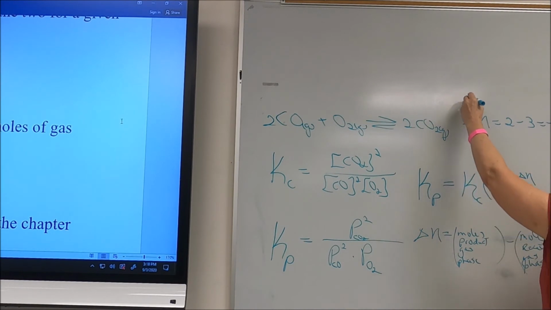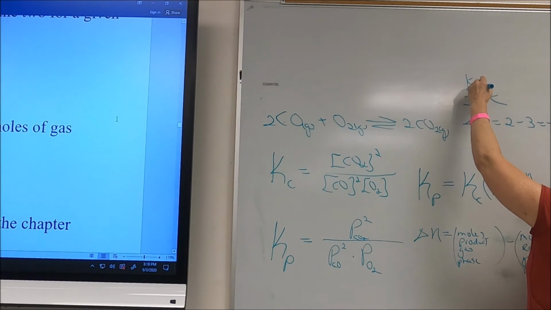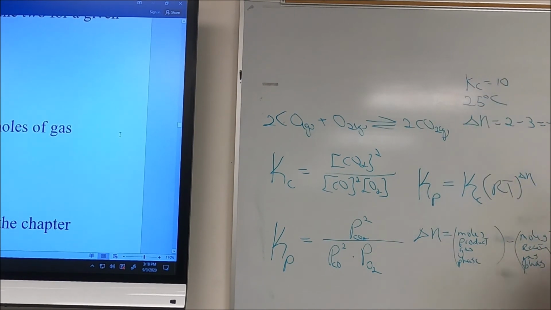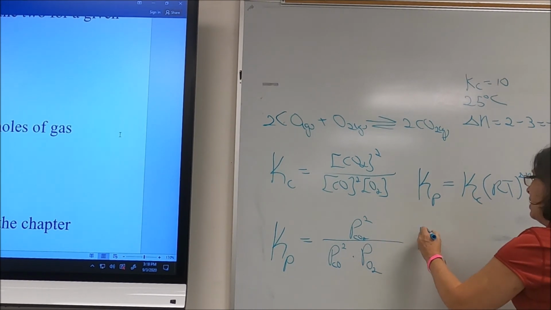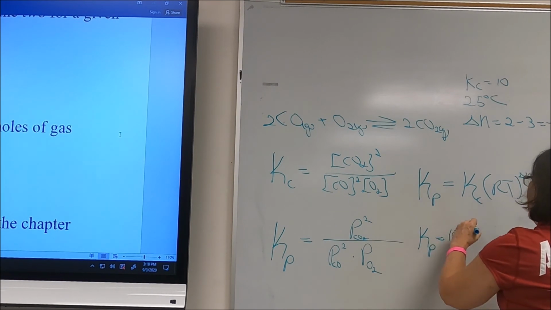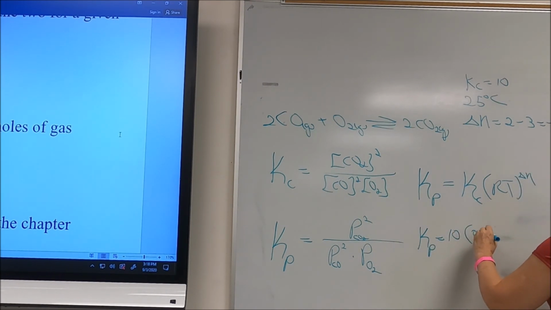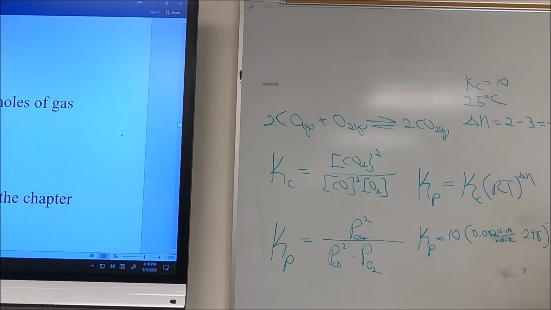So let's say this was at 25 degrees C and that Kc was 10. I'm just picking an easy number. It's not the real number, but we're just playing with this. Okay? So Kp here would be 10 times R, which is 0.0821. Remember, that's liter atmospheres per mole Kelvin. We're not super freaked out about units. The temperature needs to be in Kelvin, 298, and that's going to be raised to the minus 1.